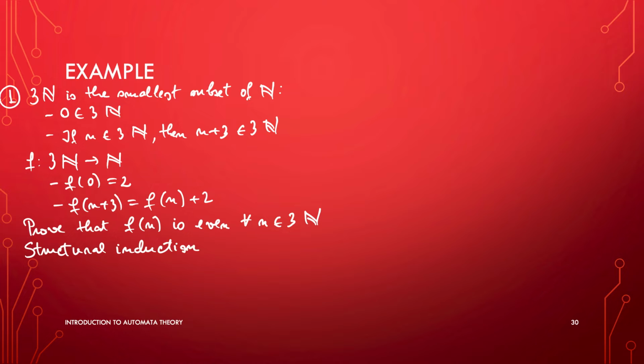And the structural induction is going to be following the structure of our set 3N and the definition of the function on this set. So on one hand we have the induction basis, or induction base, and in this induction base we just have to check that f of 0 is even, and this is obviously true because f of 0 was defined to be equal to 2.